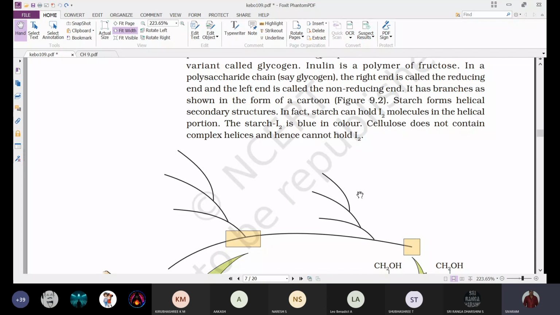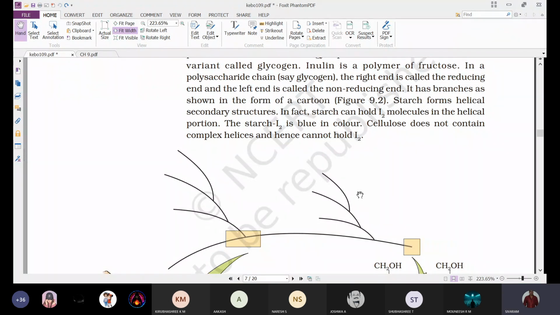How to detect the presence of starch in a given solution? Simply add one or two drops of iodine. If there is a change in color from brown to blue, it indicates the presence of starch. If there is no change in the color, it retains, which says that there is no starch present.